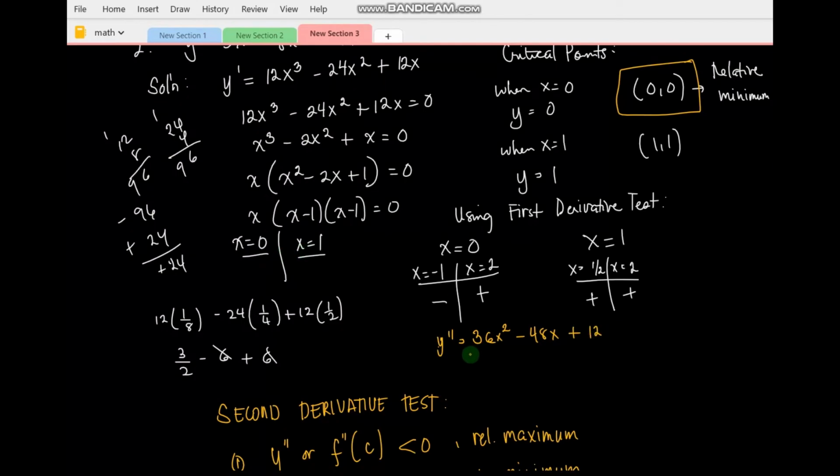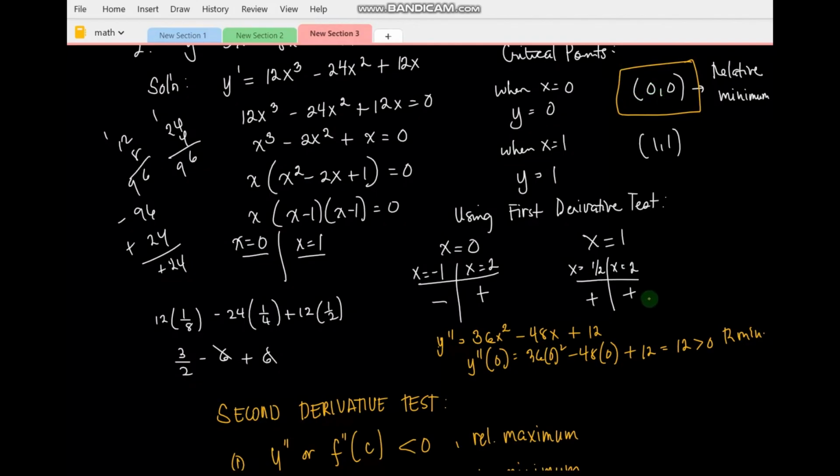So 0, let's say 0. We check, here we find it out as that is a relative minimum. So dapat greater than 0. So 36 times 0 squared minus 48 times 0 plus 12, which is 12, greater than 0. So therefore, relative minimum siya. So we are correct here.